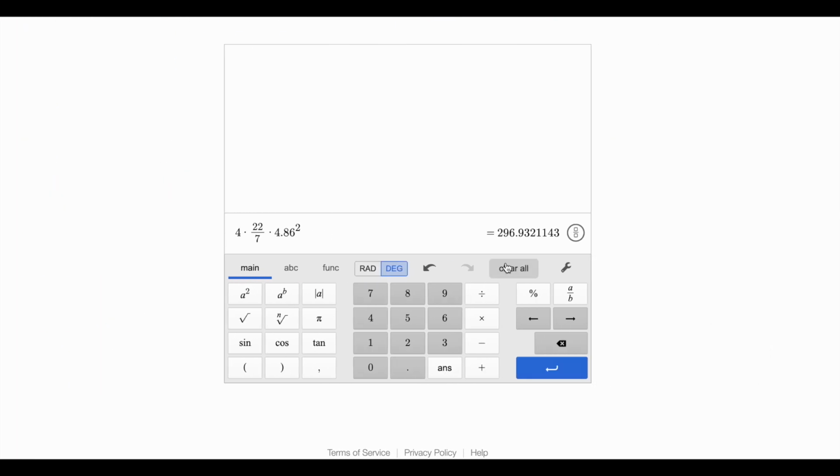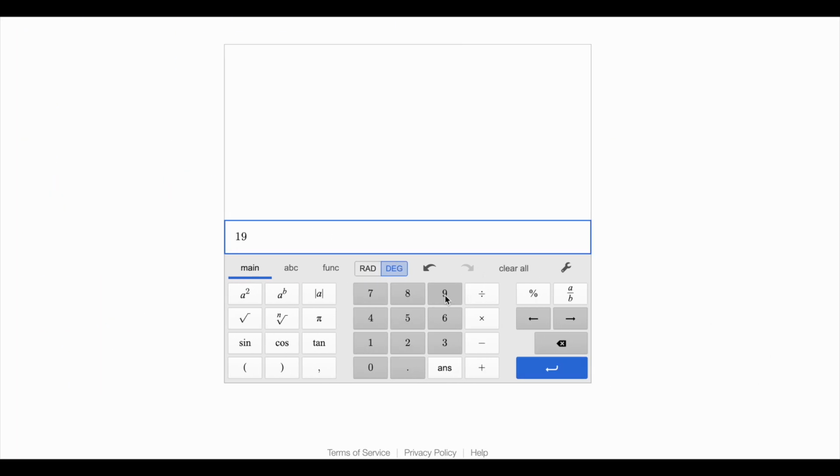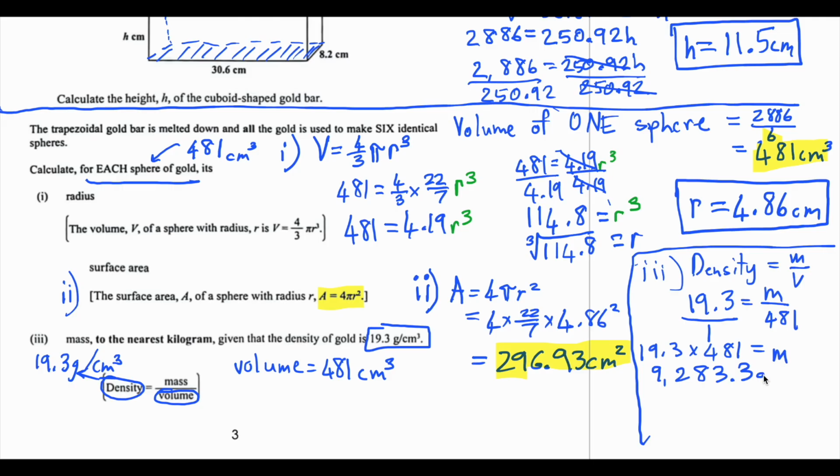So I can work this out. 19.3 times 481, which is equal to 9,283.3. And this is in grams. Okay, so my mass is 9,283.3 grams. But they want this in kilograms to the nearest kilogram.